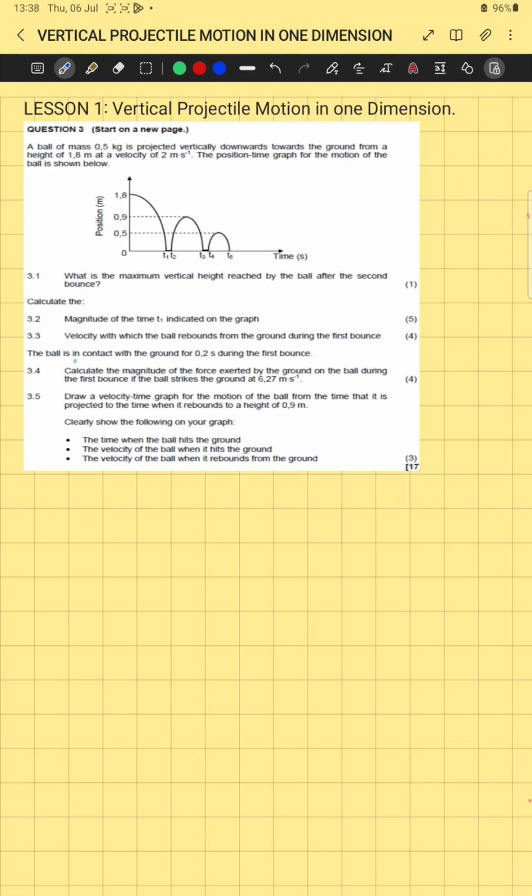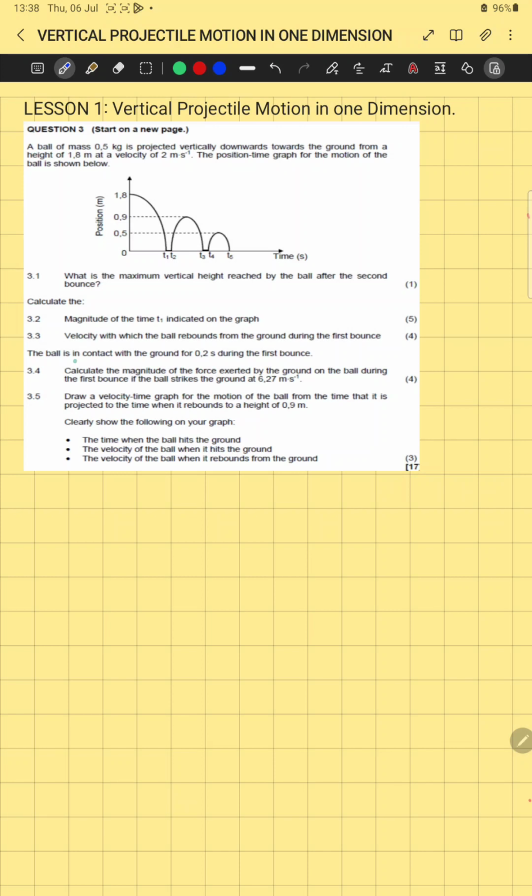If you have that tendency to skip the diagram and rush to answer the questions, I'm going to show you that you'll go back to that diagram with a zero percent mood. Make sure that you don't do that. In projectile motion, you have to understand the statement first and analyze the diagram before you attempt the question.